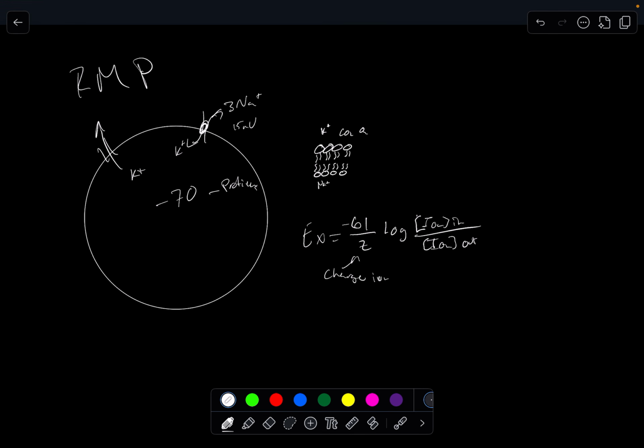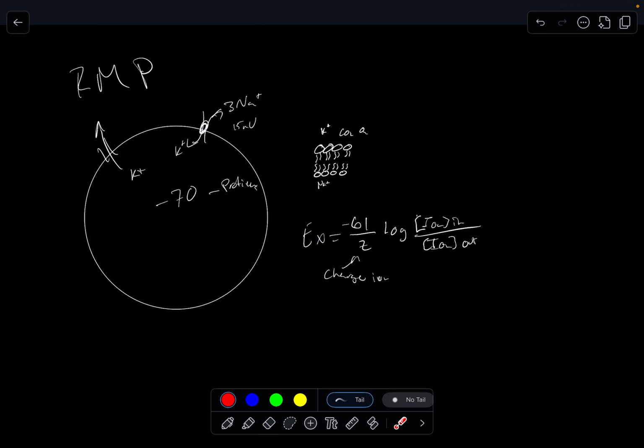What this is helping us understand is how much is inside, how much is outside, and what the charge is, and this is going to help us determine whether it's wanting to go inside the cell or outside of the cell.